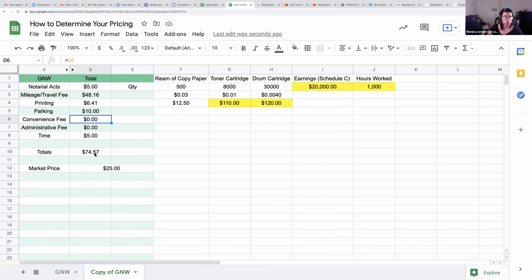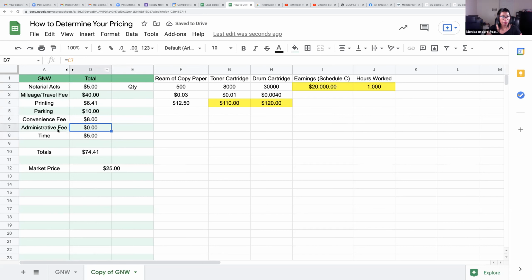Instead of the $74.47 being made up from $10 in parking and $6.48, you may take some of this $48, and instead of $48, you may call that a $40 travel fee and an $8 convenience fee. Maybe. You see what I'm saying?